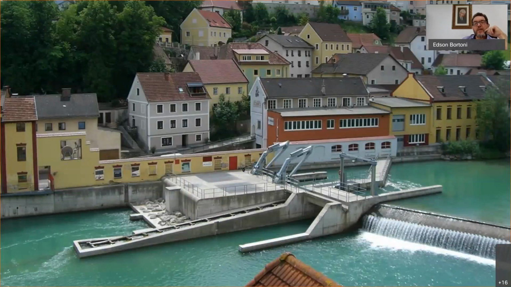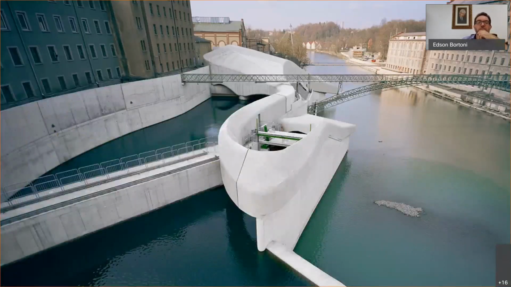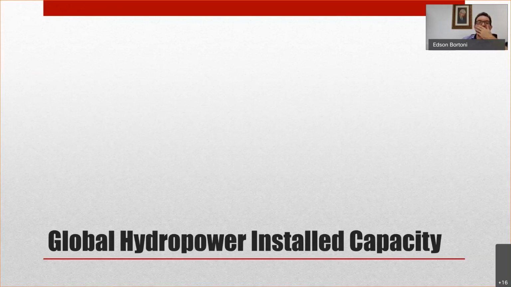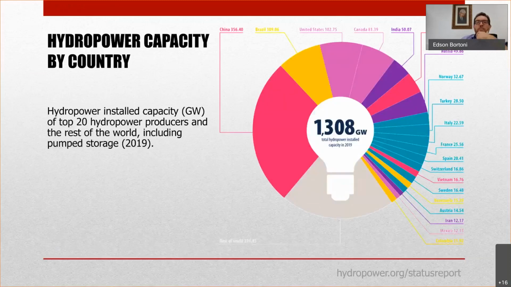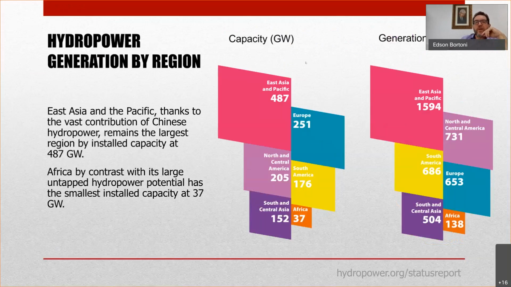Urban, the cities. The total capacity, the first is China, Brazil, and the United States, Canada, and so forth. Here, difference of capacity. Africa has a very low installed capacity and low energy in hydropower plants.